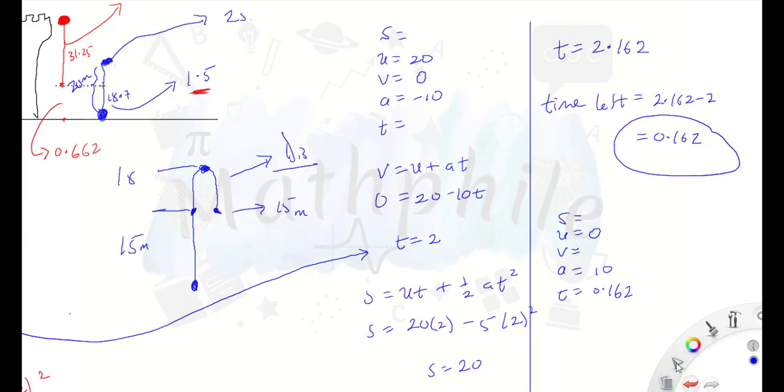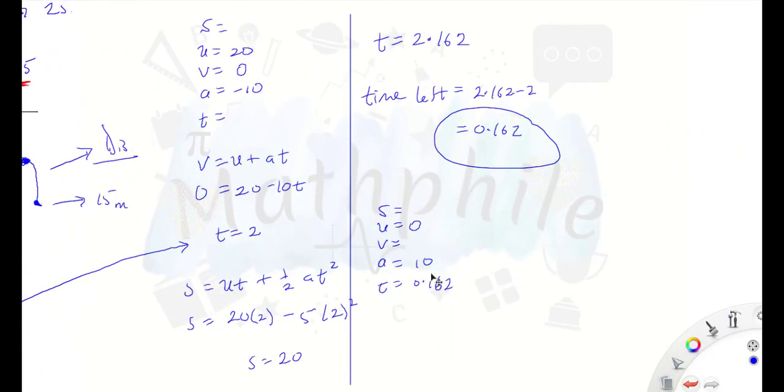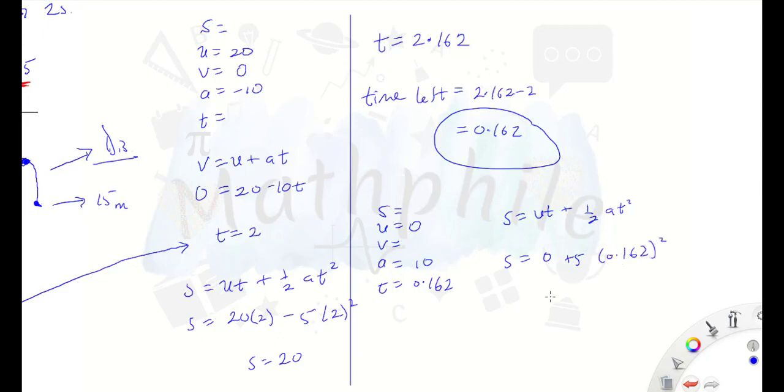Mind you, the particle has already traveled 20 meters. Doing this, you should be able to get S by using S equals UT plus half AT squared. So 0 plus 5 times 0.162 squared.